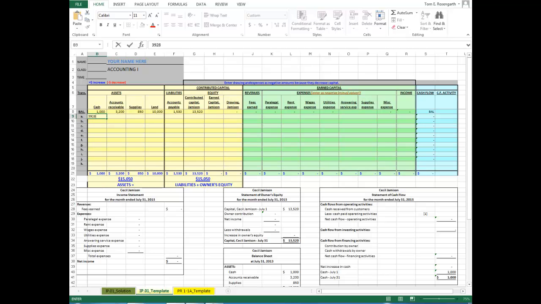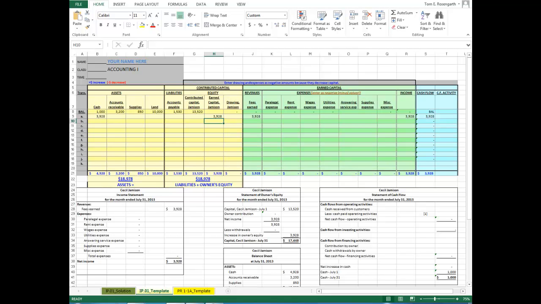And because Cecil Jameson performed services for his clients, he would have done all that he needed to do to earn revenue, so we will also increase fees earned. If fees earned are increased, that will increase his income, and income is part of earned capital, so the earned capital portion of the balance sheet also increases.